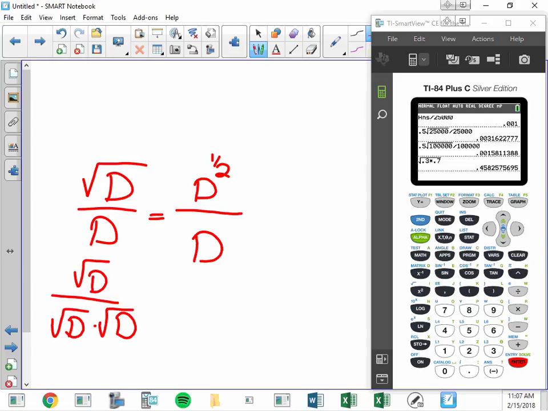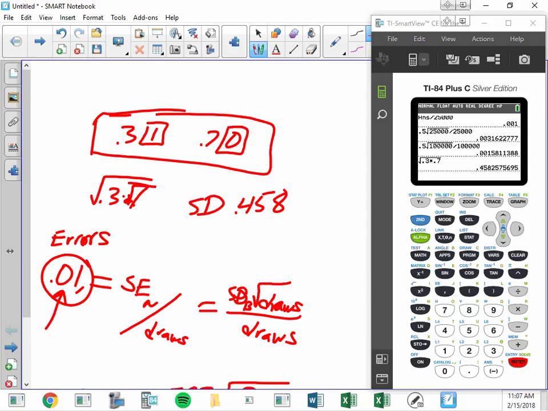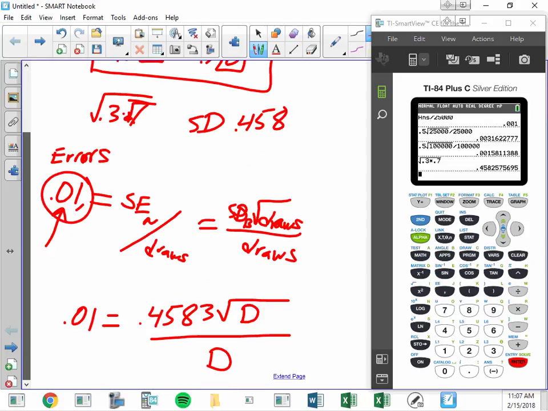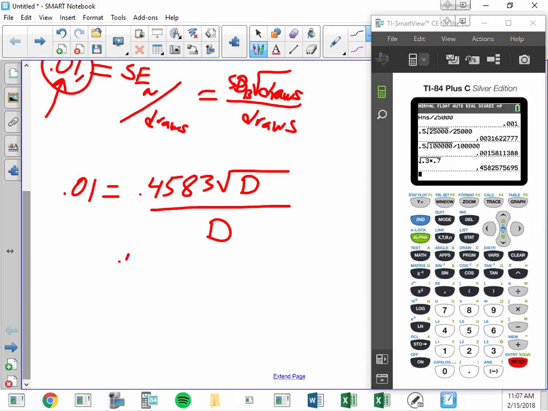Isn't that true? So this is just the square root of D times the square root of D, so those cancel. So this is really just 0.4583 over the square root of D equals 0.01.